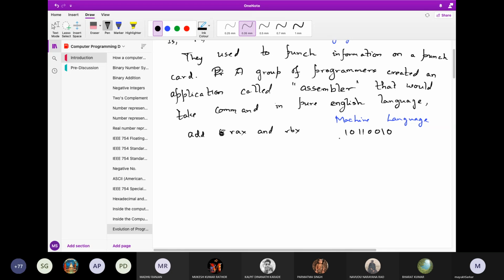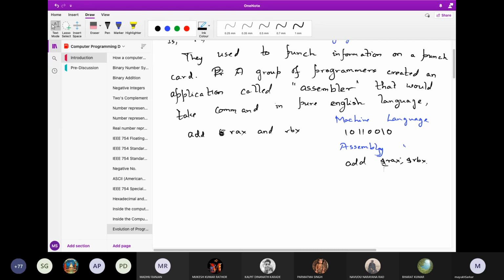What assembly language did was convert that into add RAX RBX. That means add the content of the registers RAX and RBX. I'm using this dollar symbol as a symbol of register, but obviously the first assembler did not include this. In fact, there was no RAX or RBX at the time. There were only a few registers, one called the accumulator, and so on.